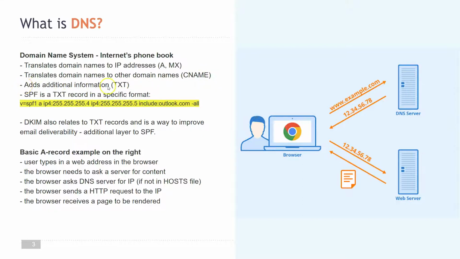And TXT records we also know about, that just adds additional information about the domain. We use that, for example, when we're purchasing an SSL certificate.